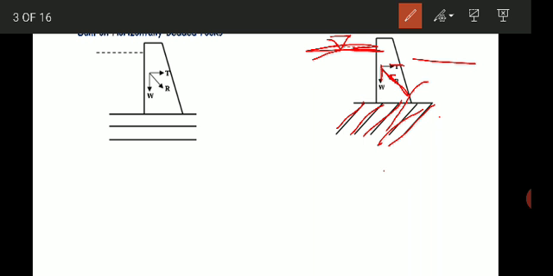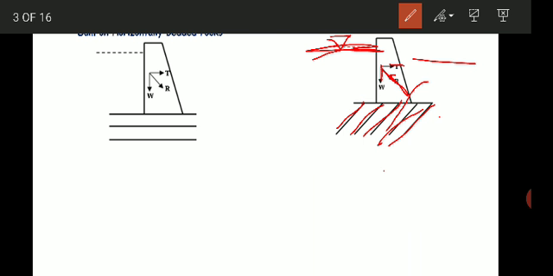So they are the most capable of supporting the weight of the dam and the pressure of the reservoir. The resultant of these two forces, that is the water pressure T and the weight of the dam, is R, the resultant force, which is at right angle to the bedding plane of the rocks.